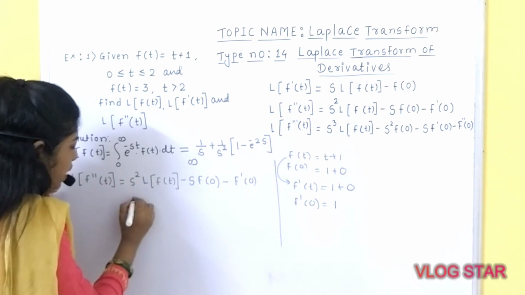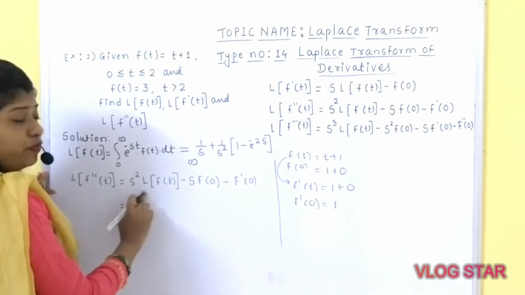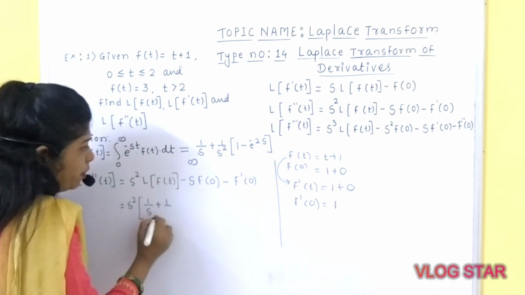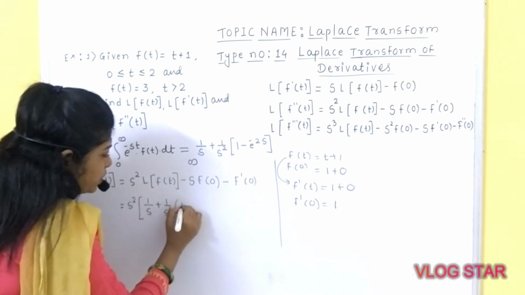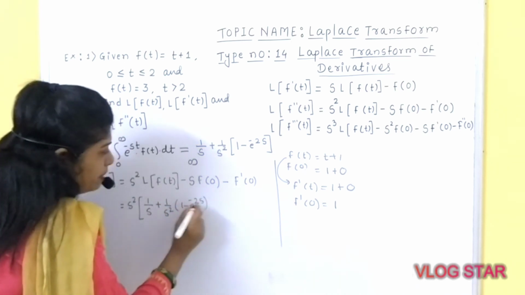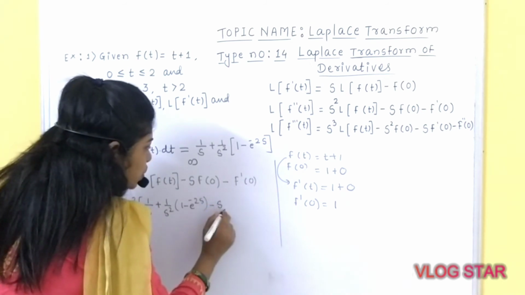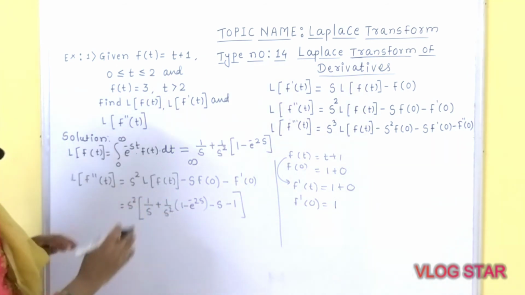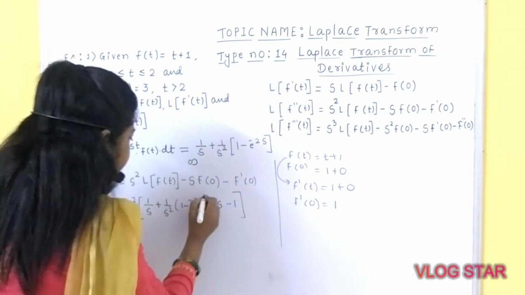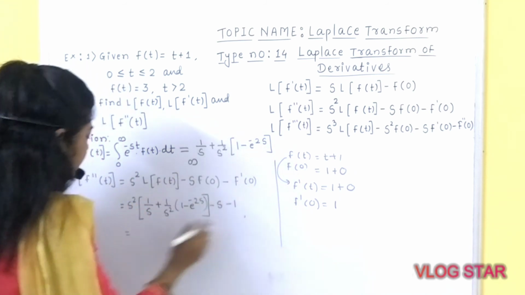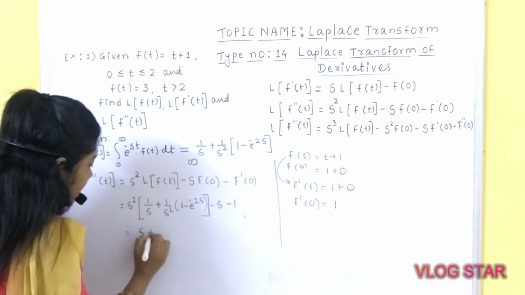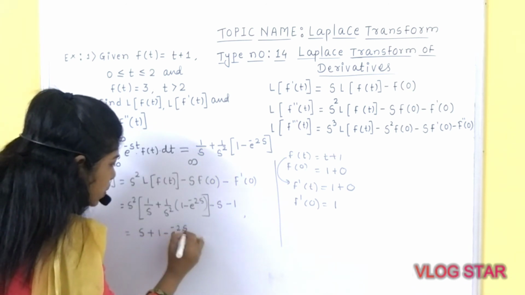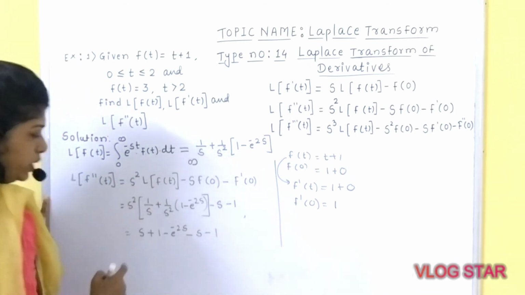So simply you have to substitute first the value for what? Laplace of f of t. So which is nothing but equal to 1 upon s plus 1 upon s square 1 minus e raised to minus 2s minus s into 1 minus 1, which is equal to, if you are going to open this bracket, you will be getting s plus 1 minus e raised to minus 2s minus s minus 1.